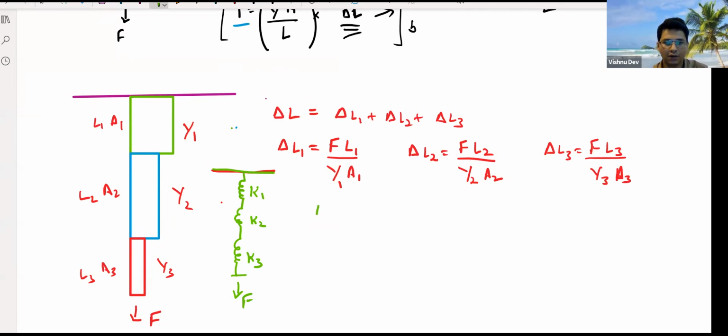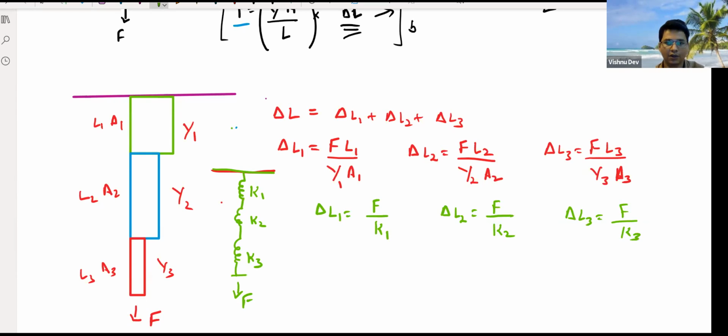Then what do you think? Delta L1 is F by K1, yes or no? See how it came: Y1 A1 by L1 is K1, right? Delta L2 is F by K2. Very good. And delta L3 is F by K3. Awesome.